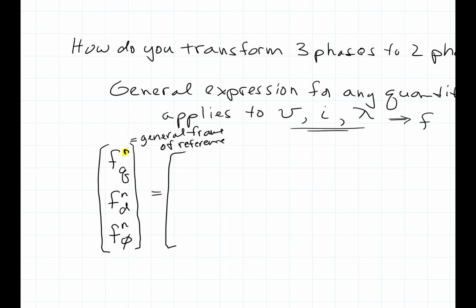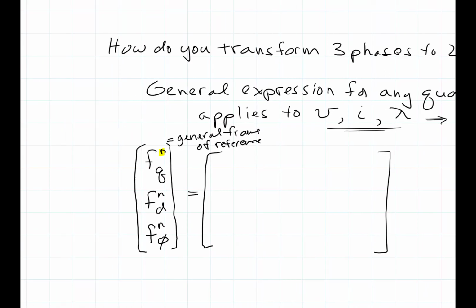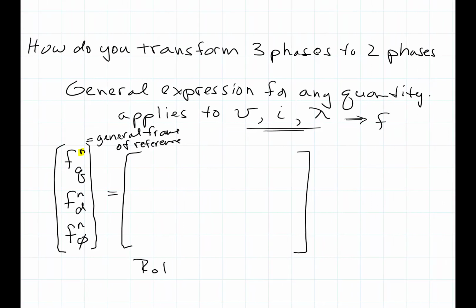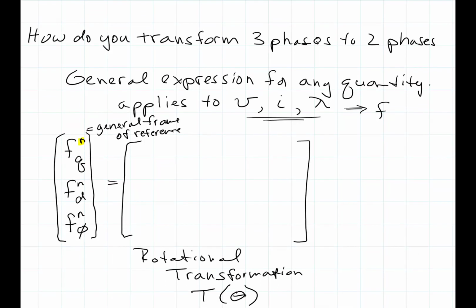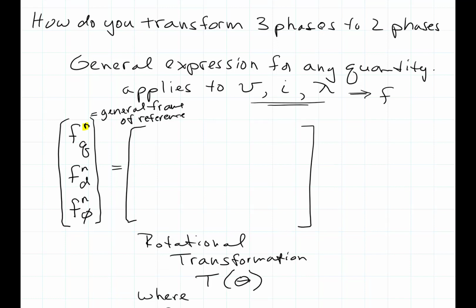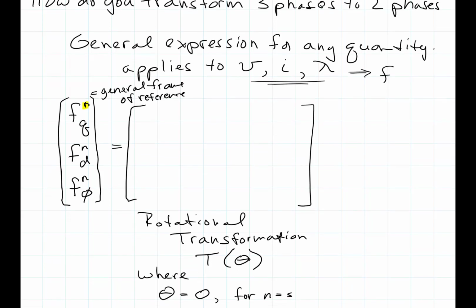This is equal to some matrix, which we're going to call a rotational transformation, referred to as T(θ), where θ equals 0 for n equal s, stationary, θ equals θs for n equal e, which is the synchronous frame, or θ equals θr for n equal r, which is the rotating frame.